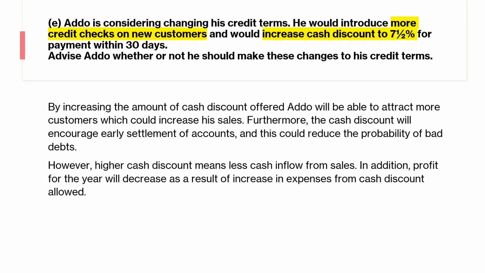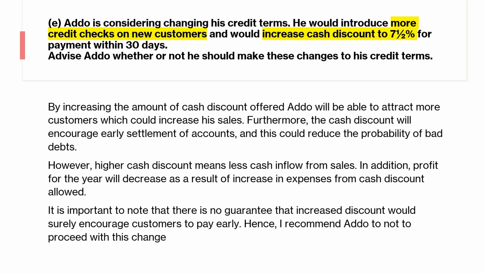So profit for the year will decrease as a result of increase in expenses from cash discount allowed. Finally, I would say that it is important to note that there is no guarantee that increased discount would surely encourage customers to pay early. So there is uncertainty. Therefore, I recommend Ado not to proceed with this change. So that's my answer.